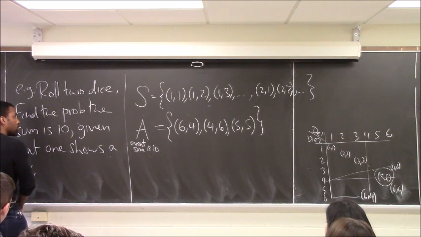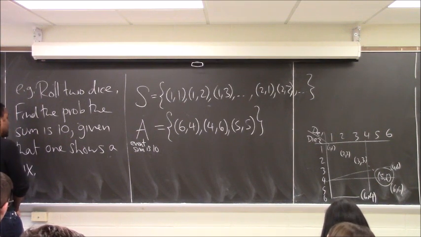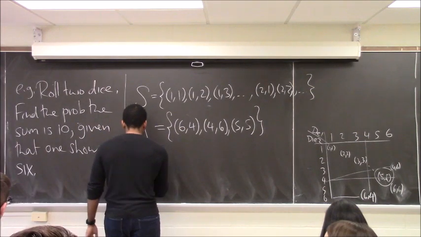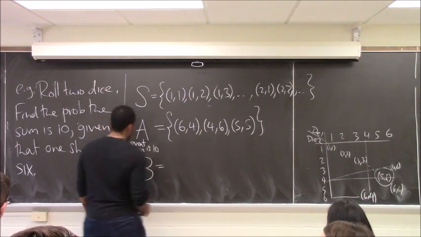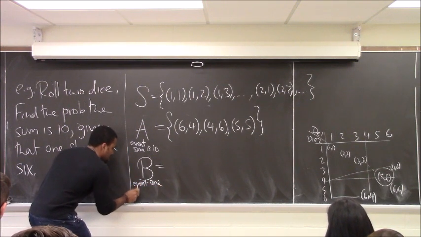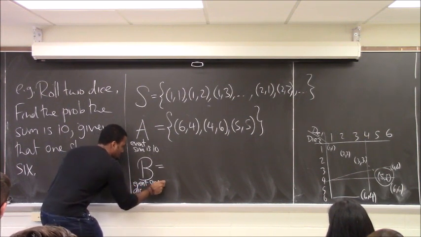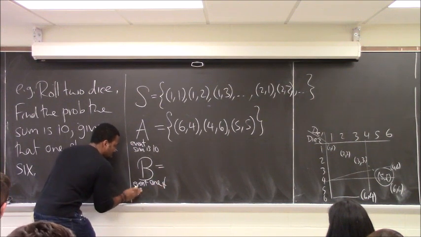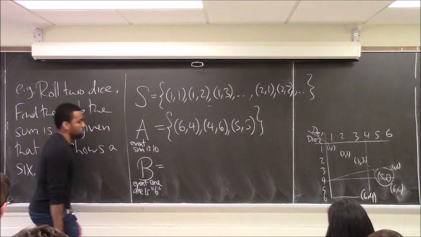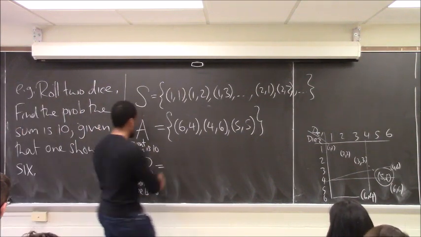Now, we are given the fact that 1 was a 6. So, if I call that B, this is the event that 1 die shows a 6, then we'd have to list all those possibilities.